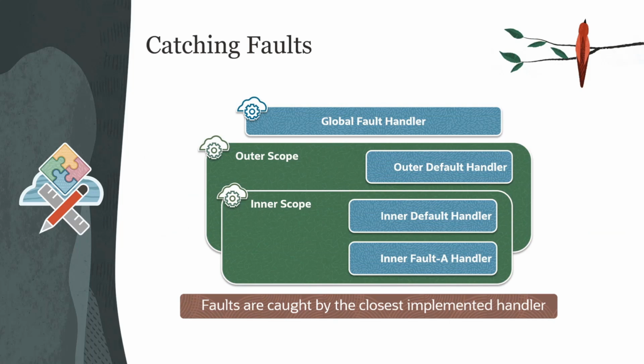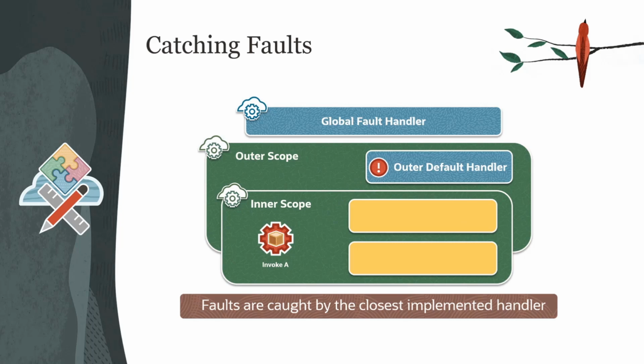To summarize, faults are always caught by the closest and most specific implemented fault handler to where the fault occurred. In this example, if fault A occurs, that scope's fault A handler will catch it. If that one wasn't implemented, then the default handler will catch it. Now, if that wasn't implemented, then the outer scope's default handler will catch it.